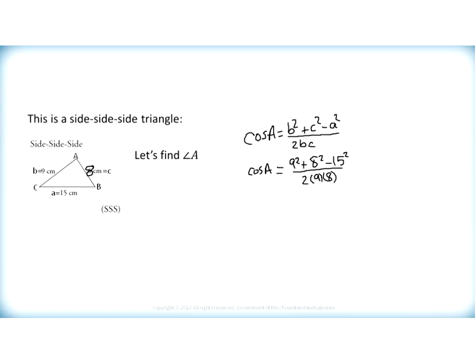So I'm going to quickly go back to my equation here, my page. So that means that cos of A is equal to negative 80 divided by, go back to my calculator, 2 times 9 times 8 equals 144.